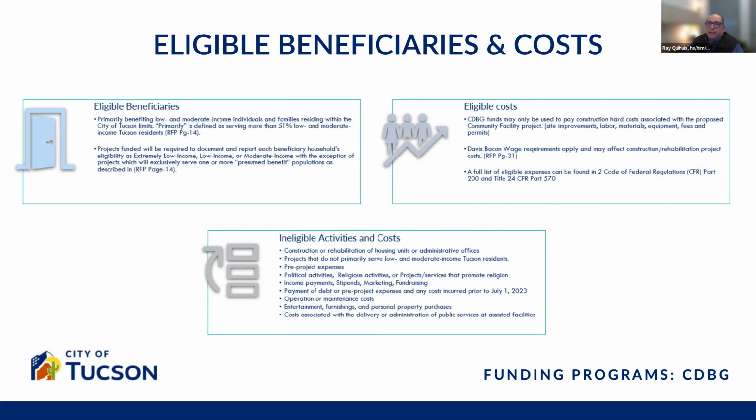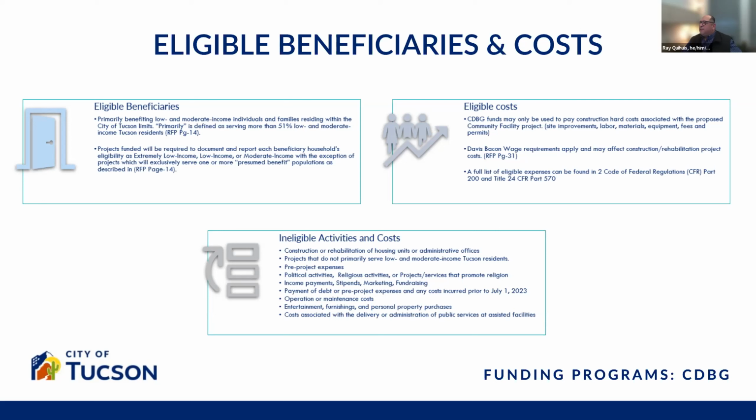You can find information on that throughout the RFP and on page 14. Projects funded will be required to document and report each beneficiary's household status as extremely low, low, or moderate income, with the exception of projects which will exclusively serve one or more of the presumed benefit populations.